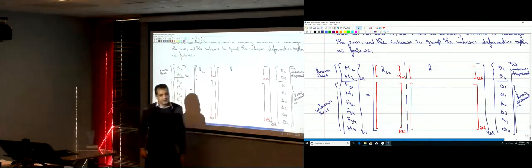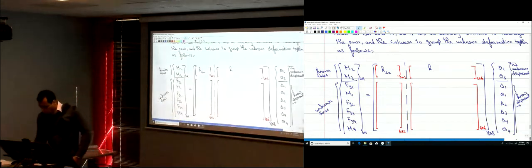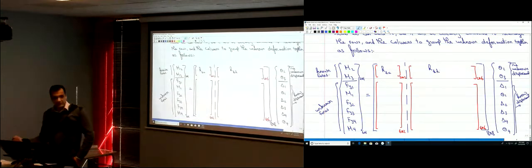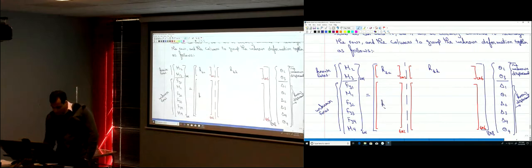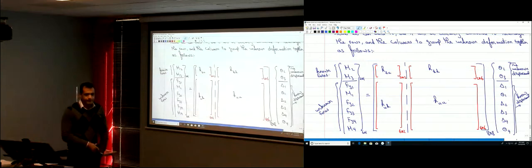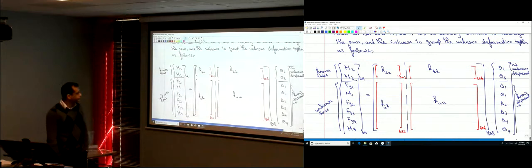This one, it relates the known forces to what? To the known displacements. Right? This one here relates the unknown forces to the known displacements. This one relates the unknown forces to the unknown displacements. Right?